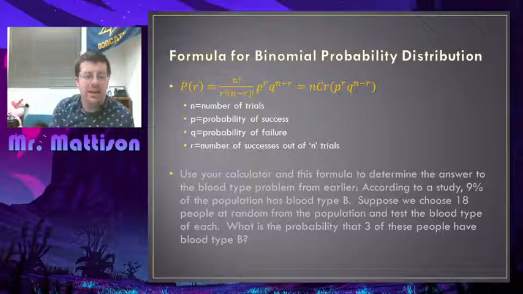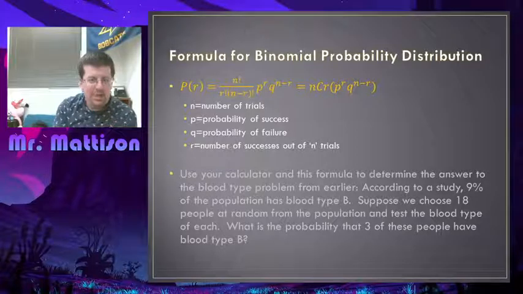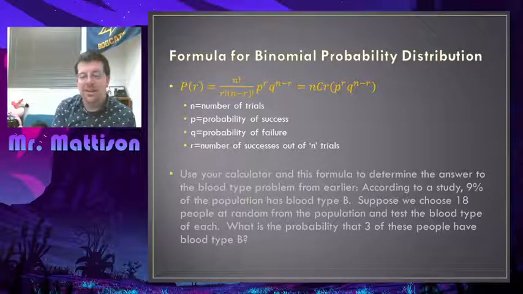So let's take a look back at our blood type problem. We are looking for 3 people to have type B blood out of the 18. Our probability of success is 0.09. Our probability of failure is 0.91.